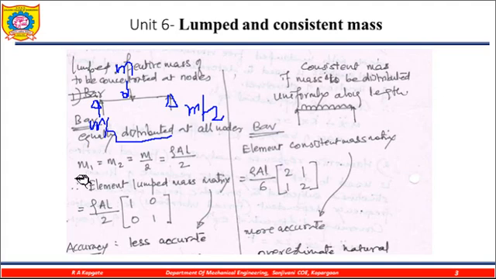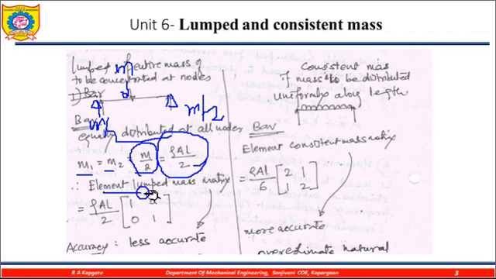So m1 is equal to m2, and m1 and m2 are equal to m by 2, where the mass m is equal to density multiplied by area multiplied by length. So the mass of a bar is rho A L, and each lumped mass is rho A L divided by 2.